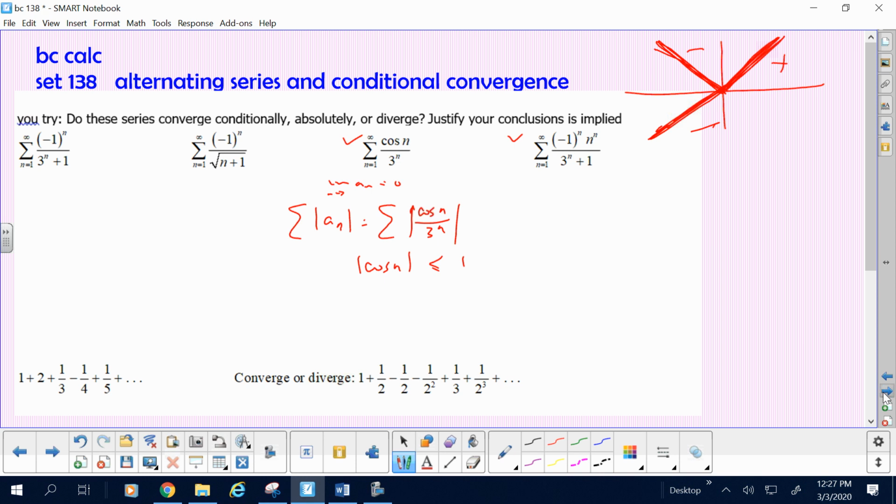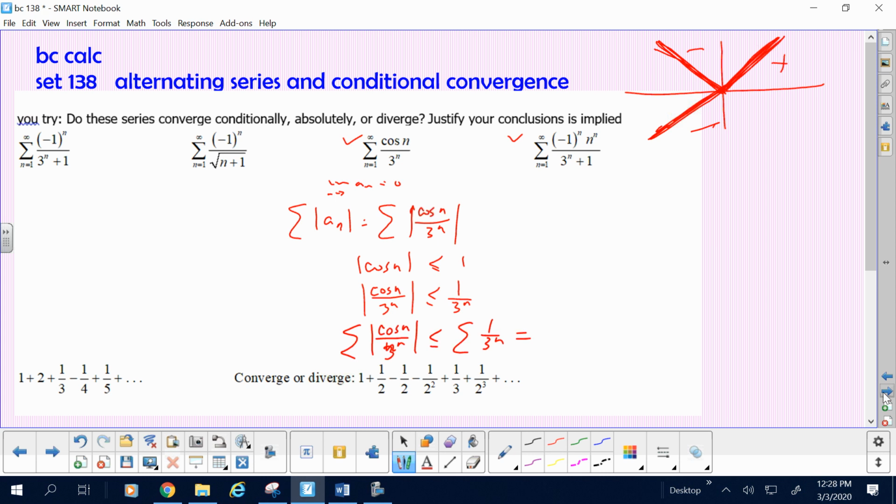Wait, why is that? Cosine of n over 3 to the n must be always less than or equal to 1 over 3 to the n. Now, I don't need that in absolute value because it's positive anyway, but you can put it in absolute value if you like. Therefore, the sum of all those expressions must be less than the sum of all these expressions.